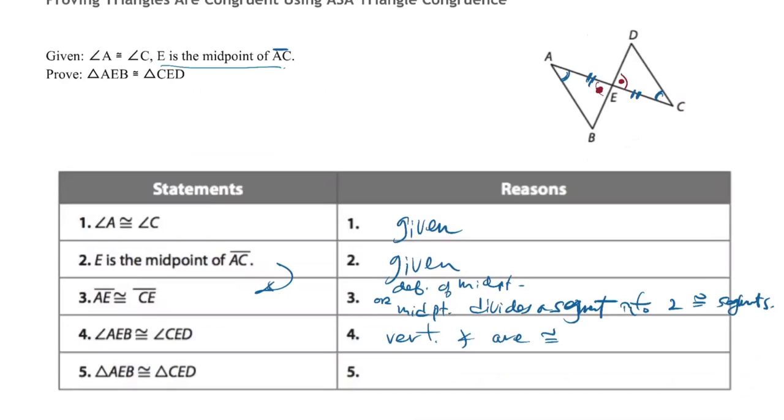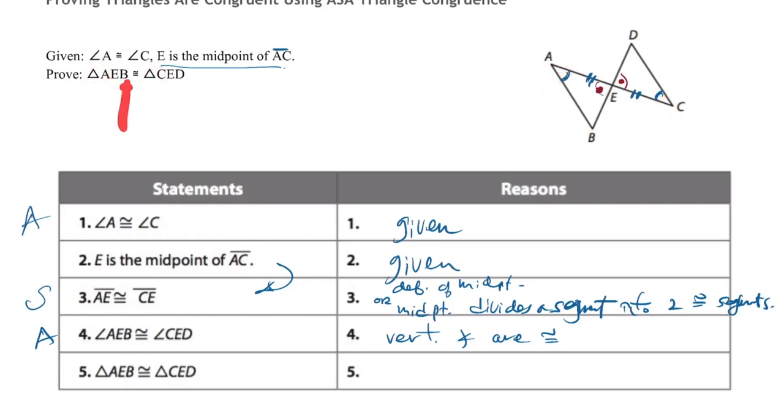Now here we show that the angle is equal to each other. And then here we said the angle is equal to each other. Here we show that the side is equal to each other, right? Let's look at triangle AEB with CED. So the first angle is A. See that A and C are congruent.